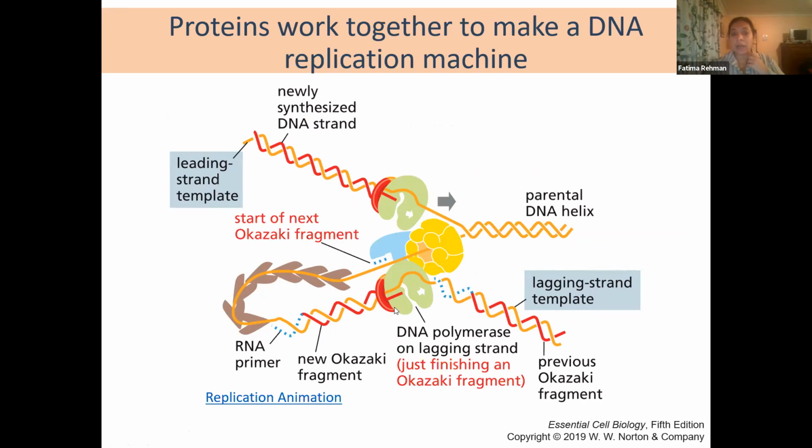There are times where the newly replicating DNA on the lagging strand would bend over, so that once the polymerase reaches the end of one strand, it can hop over to the start of the next Okazaki fragment as well. There is an animation built in here. If you click on it, it should take you to a YouTube video that I like, so you can look at that as well.